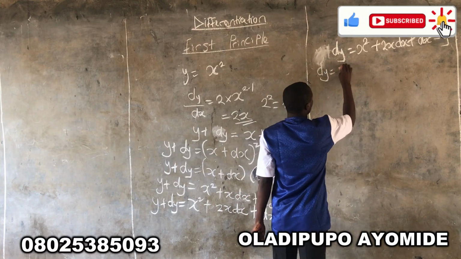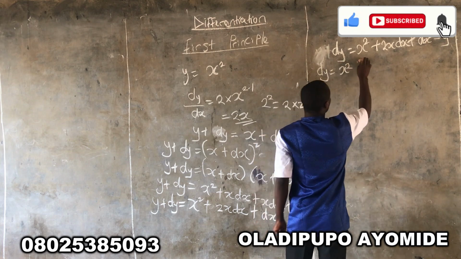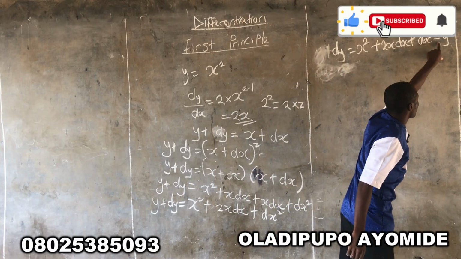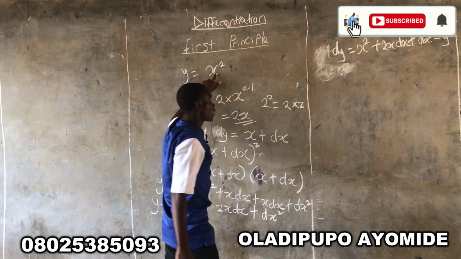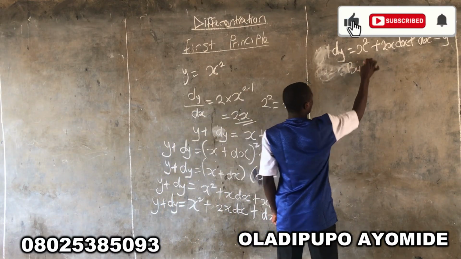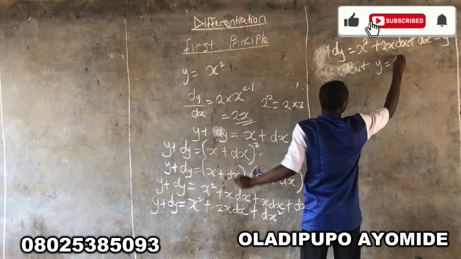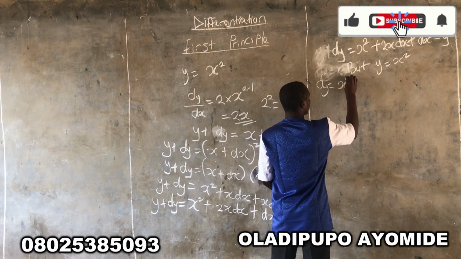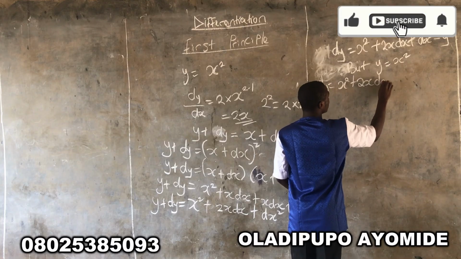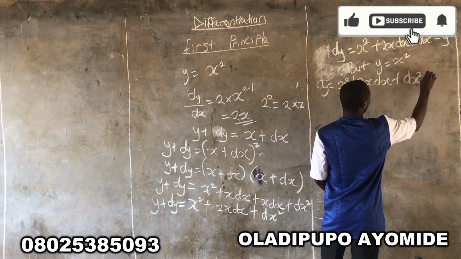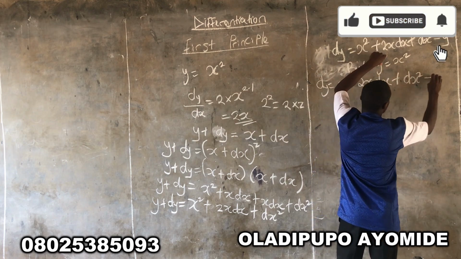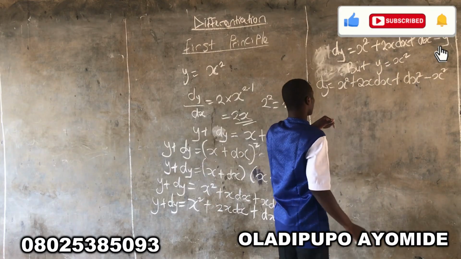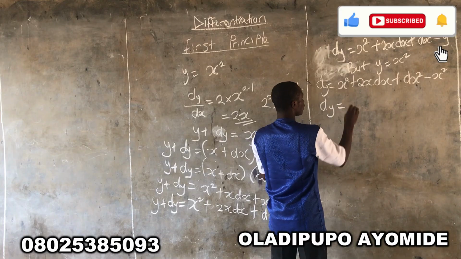So now our dy will be equal to x squared plus 2x dx plus dx squared minus y. We know that y is x squared, so we have already replaced it with x squared.